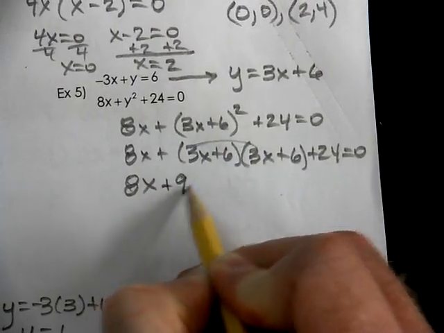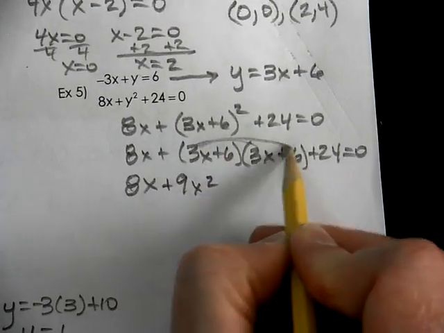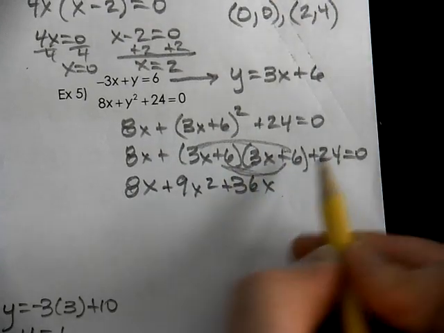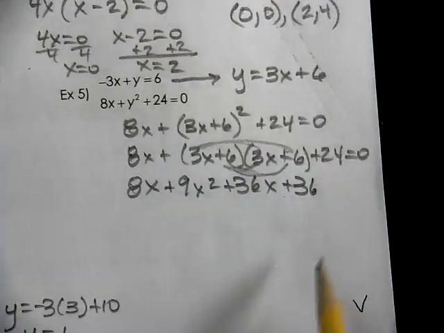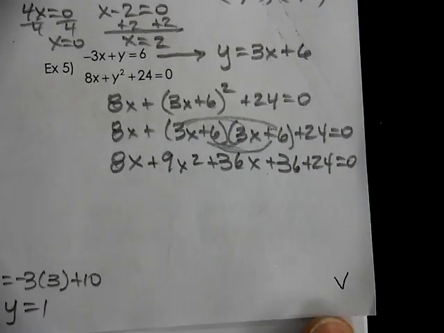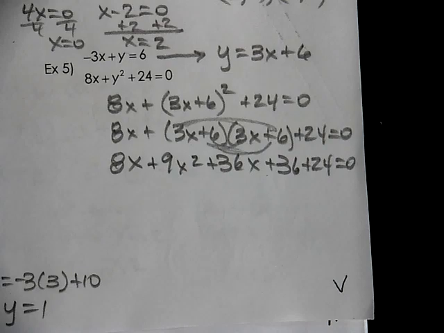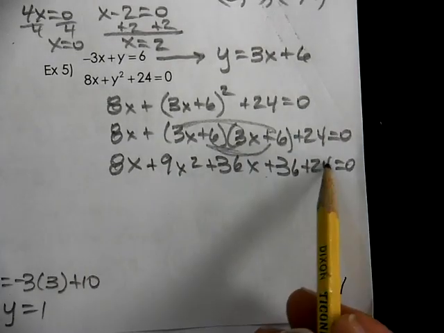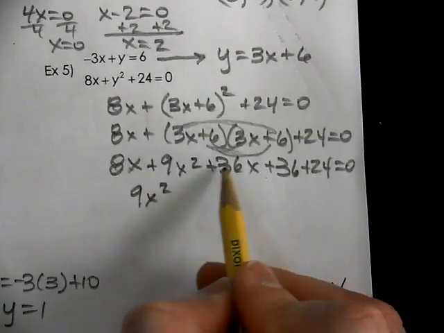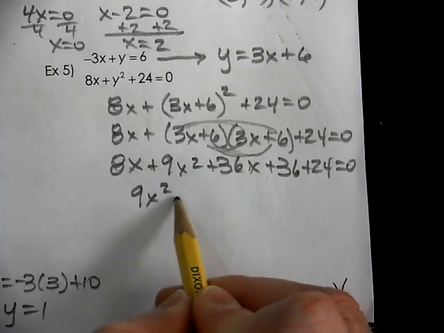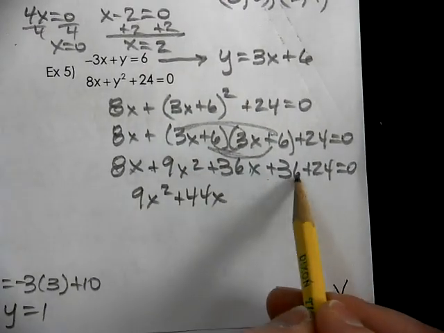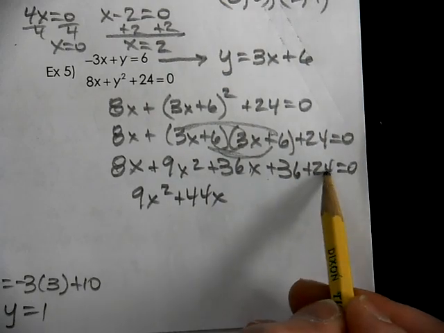Three times 3 makes 9x squared. 18 and 18 makes 36x. And 6 and 6 makes 36. Plus the 24 extra gives us 0. The x squareds, it's only the 9x squared. The x's are both positive, so that's 44x. And our constants would be 60.